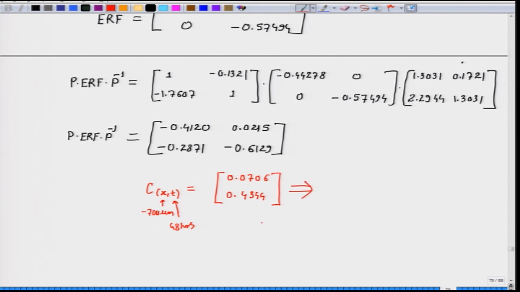So what it tells me is, at x equal to minus 700 micron, after 48 hours of diffusion annealing, the composition developed is C1 equal to 0.0706, C2 equal to 0.4344, and C3 will be just 1 minus C1 minus C2, which comes out to be 0.4950.